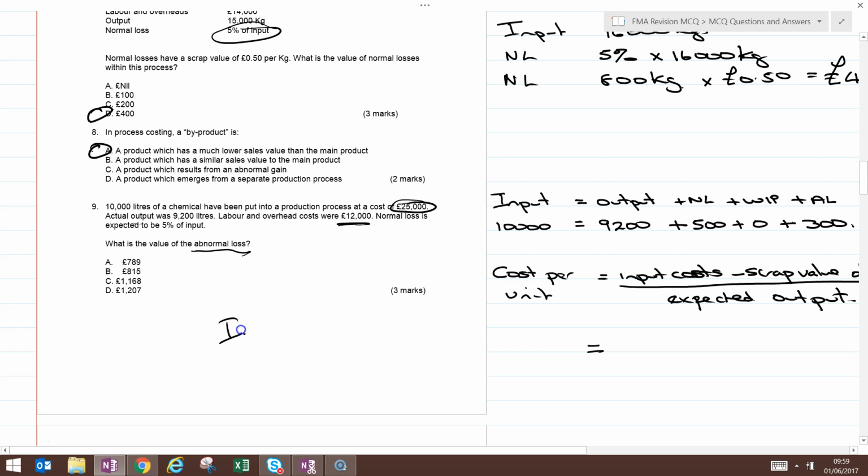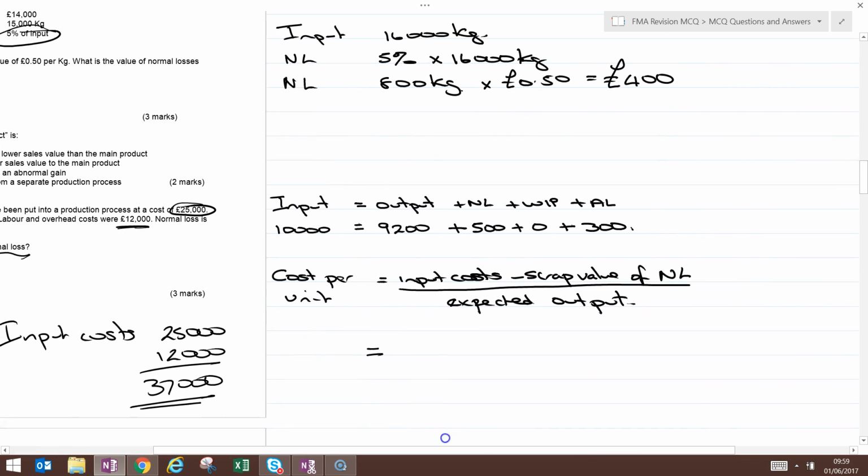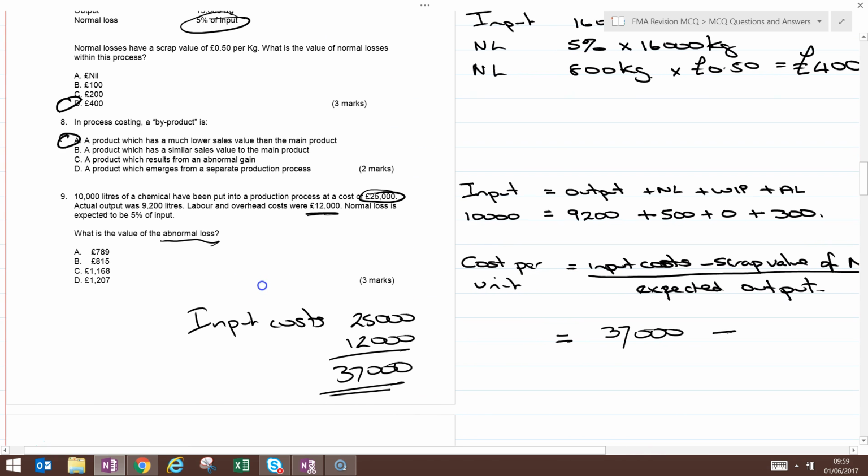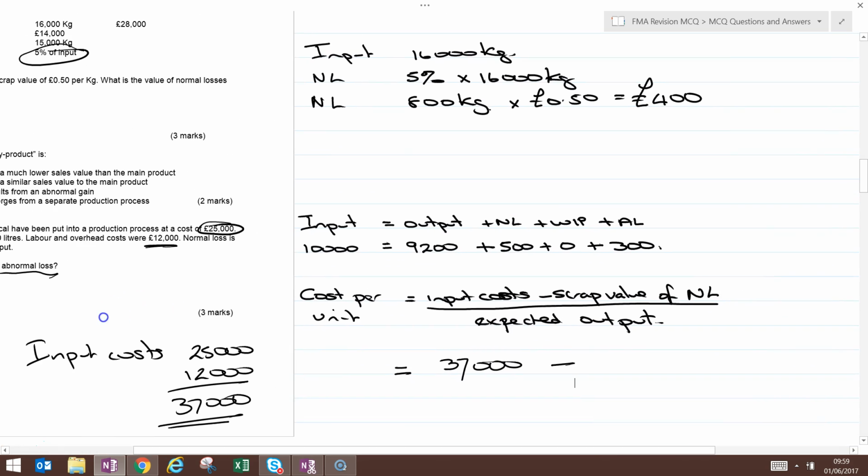So our input costs, 25,000 plus 12,000, £37,000. So input costs 37,000. Scrap value of normal loss, we haven't been given any. So 0.